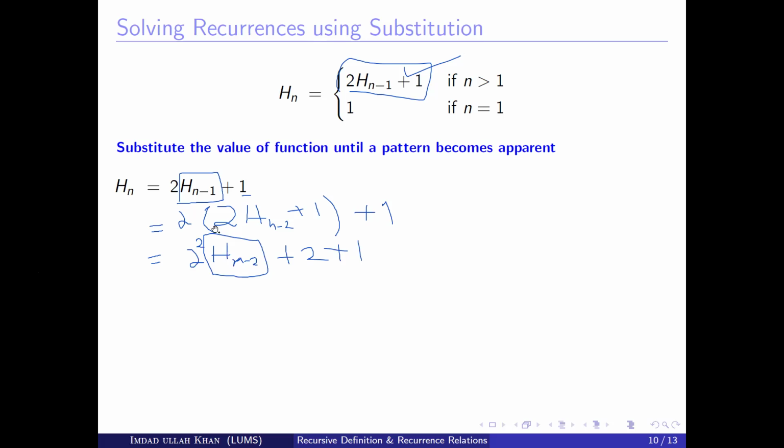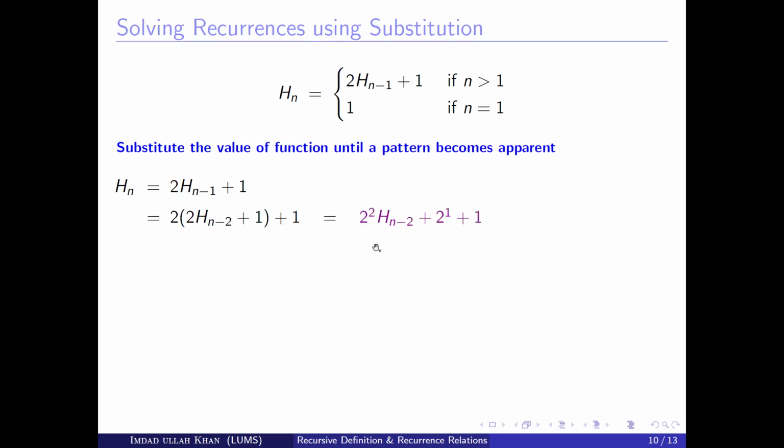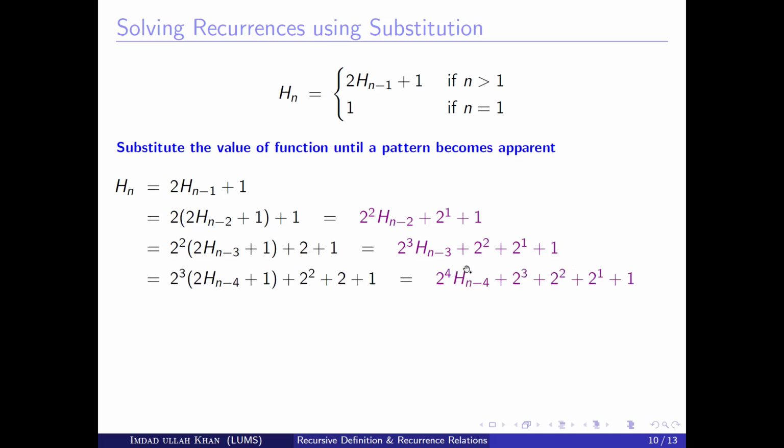If you have put some effort into expanding it, you might have seen that this expression starts evolving like this. When we have plugged in hn minus 3 here, we can see that the first power of 2 has started increasing, and also the terms which are getting added towards the tail of the whole summation are also increasing in terms of powers of 2. We'll keep on doing this repeatedly.